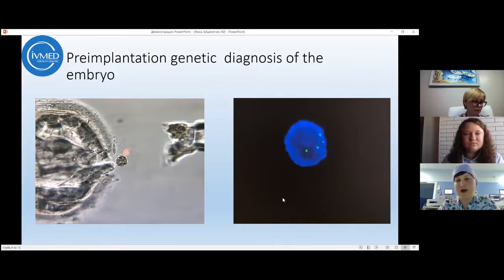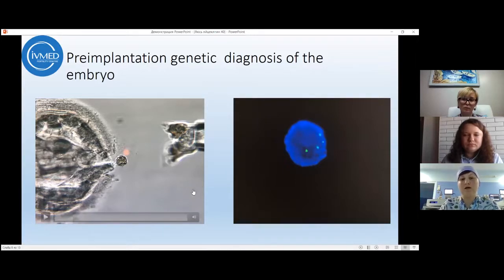We can check it by FISH, fluorescence in situ hybridization, and check 5 or 9 of the most important syndromic chromosomes, or we can send this piece of trophectoderm for NGS testing and check all rearrangements in 24 chromosomes.